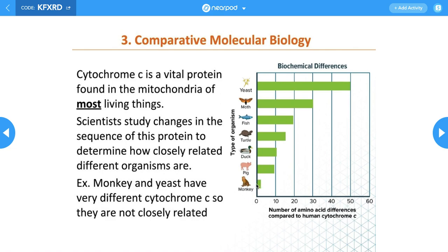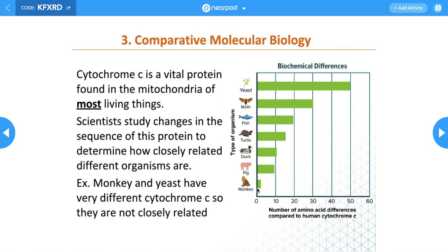So the monkey has had very few mutations away from us humans because we're comparing this to humans, while a pig and a monkey are more closely related because there are fewer differences between them than a monkey and yeast. There are huge differences in the amino acid sequence of yeast versus that of monkeys.